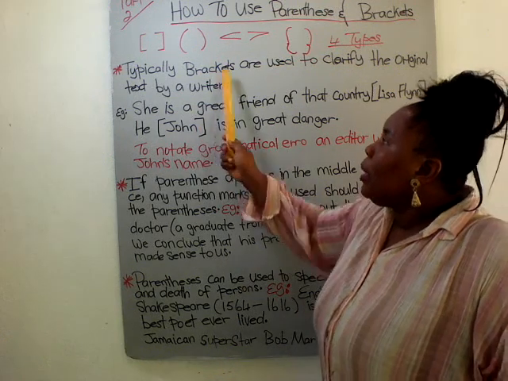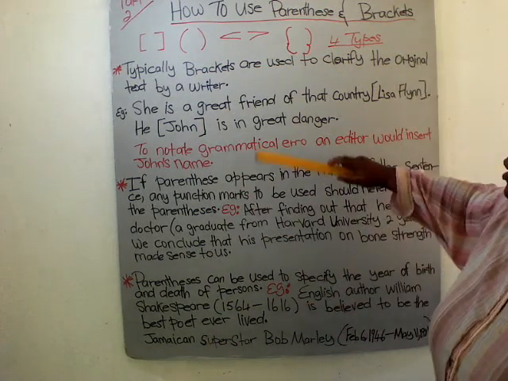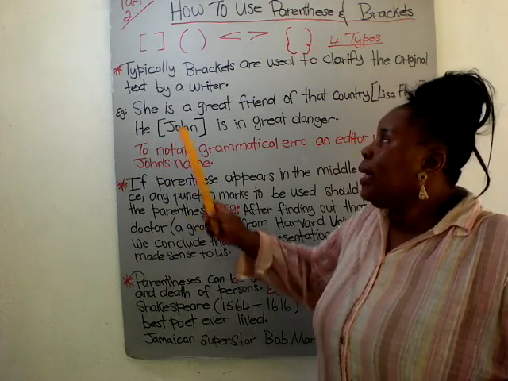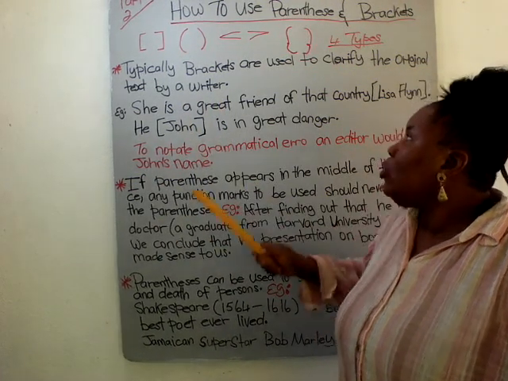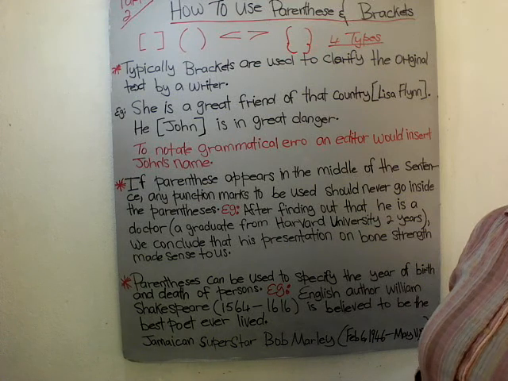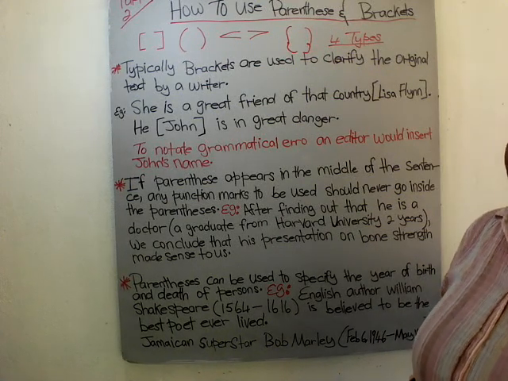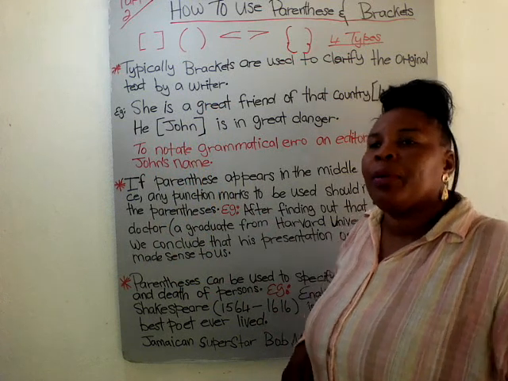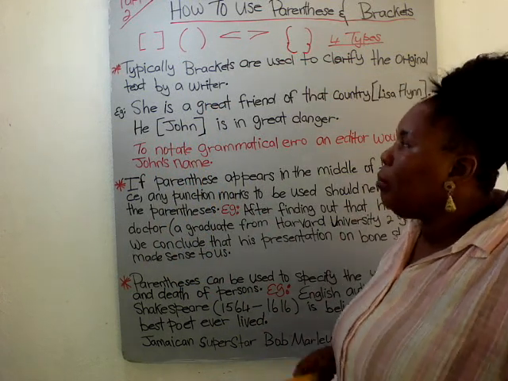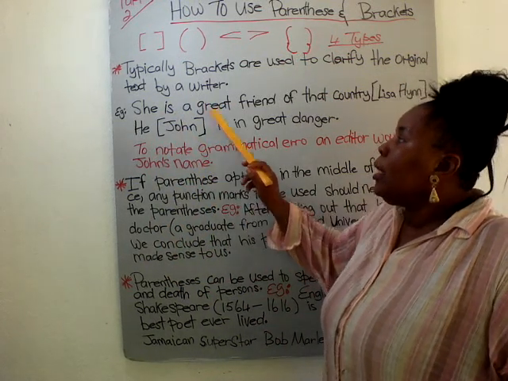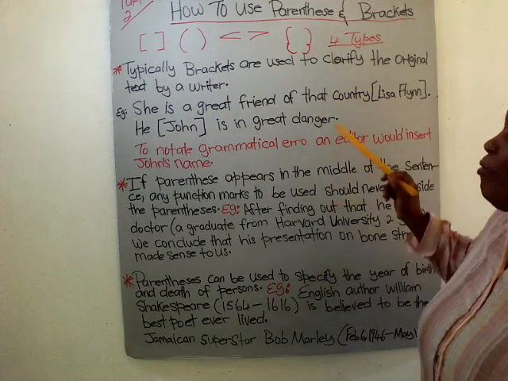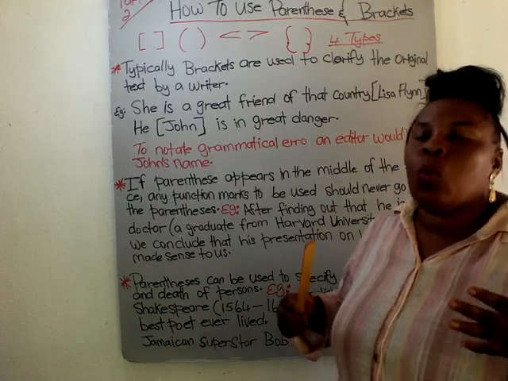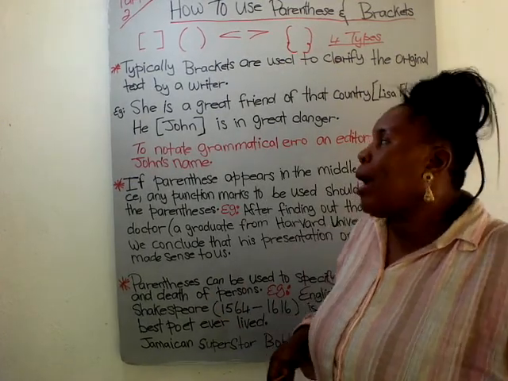Alright? Typically, brackets are used to clarify the original text of a writer, and you will see in this example how such could be accomplished. She is a great friend of that country, Lisa Flynn. So that is one way you could use the bracket.